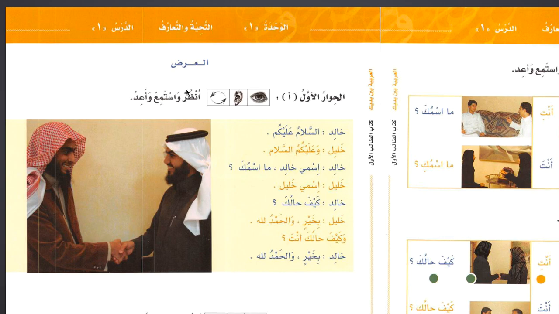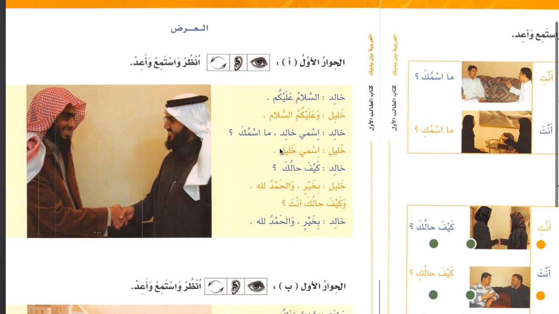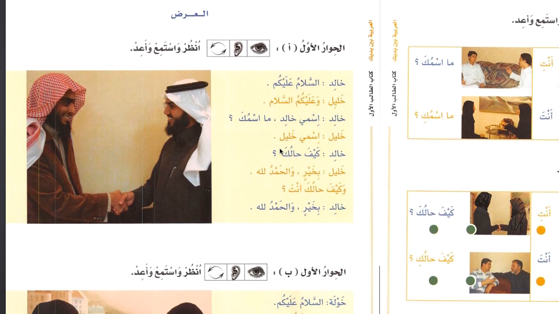This is the conversation between Khalid and Khalil. When we meet someone for the very first time, we say salam. In Arabic, we say assalamu alaikum.